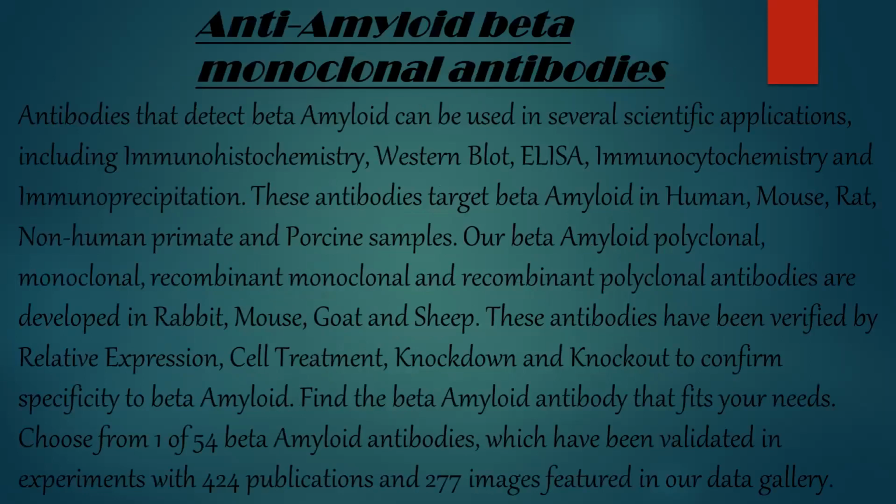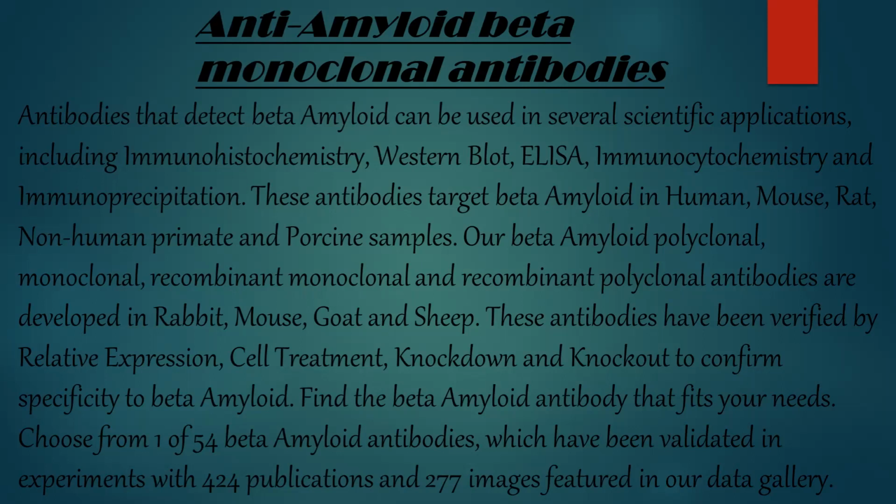Anti-amyloid beta monoclonal antibodies. Antibodies that detect beta amyloid can be used in several scientific applications, including immunohistochemistry, Western blot, ELISA, immunocytochemistry, and immunoprecipitation. These antibodies target beta amyloid in human, mouse, rat, non-human primate, and porcine samples.